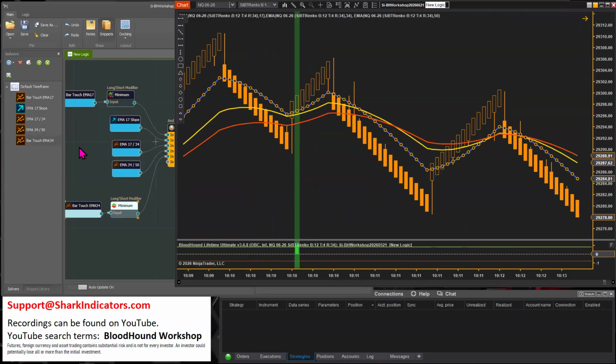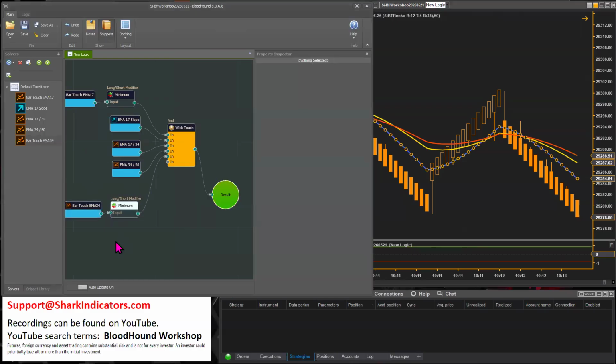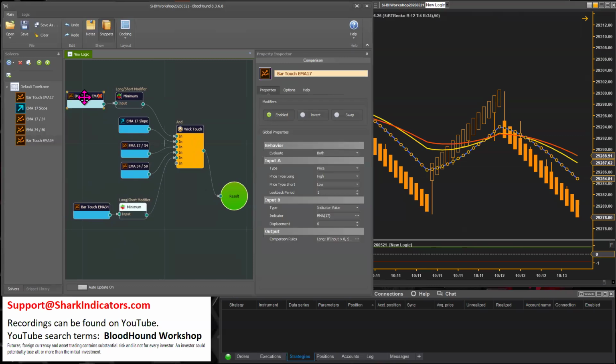And that would look something like this bar touch, but instead of looking at the high and low price, you would put the open price in here and just make sure that the open price is above the EMA 17 there. And if we look at the rules here, imagine input type long and short are both set to open.